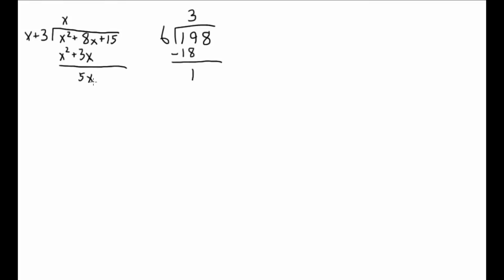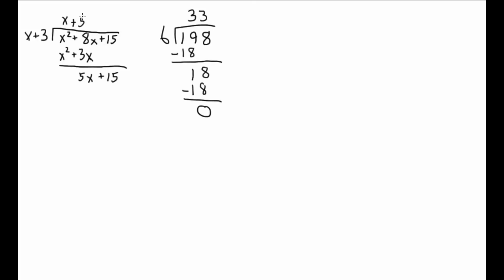And now we repeat the process. First, we're going to bring down the 8 here. 6 goes into 18 3 times. 3 times 6 is 18. We subtract, and we get 0, so that means there's no remainder. Same thing here. Bring down the 15. Just looking at the x again, just the first term. x goes into 5x 5 times.